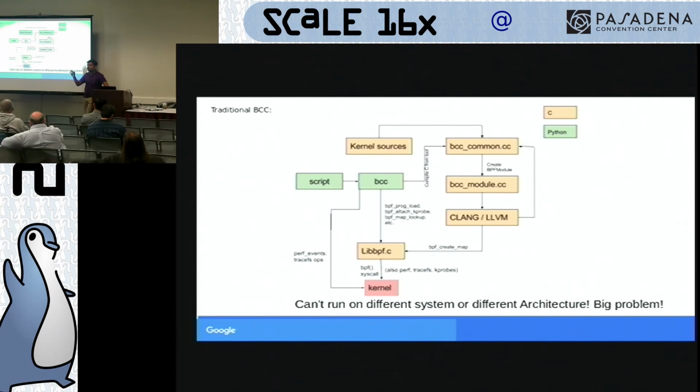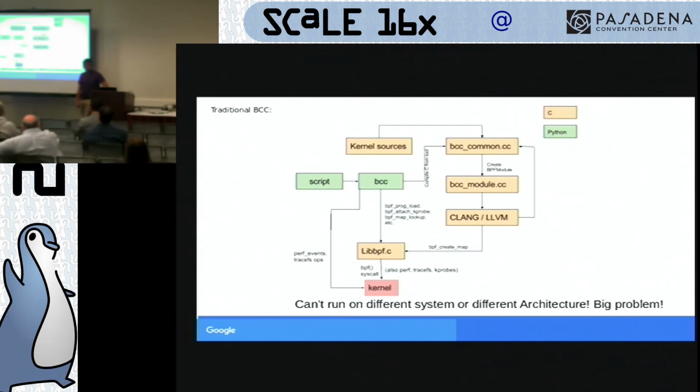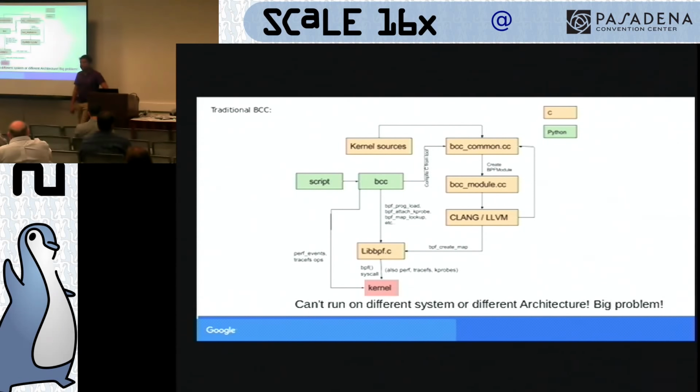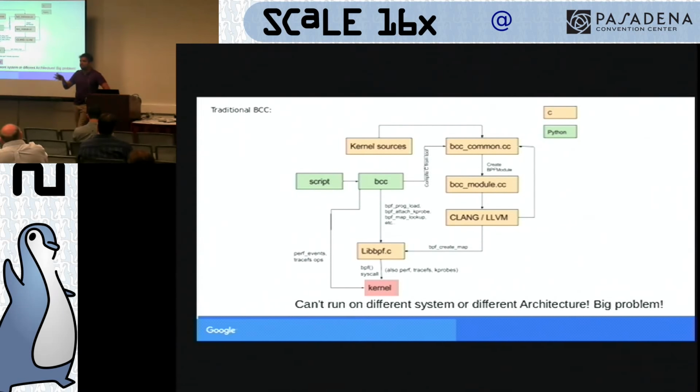As I showed you, you needed to set an environment variable to run FileTop that pointed to the kernel sources. So that doesn't work very well for a cross-development kind of model, where your target is remote, and your development tools are on a different machine.